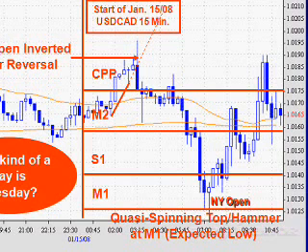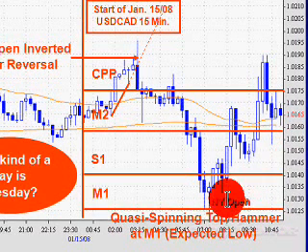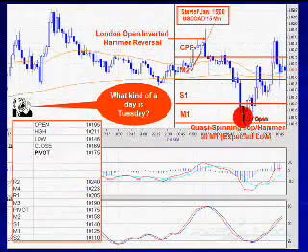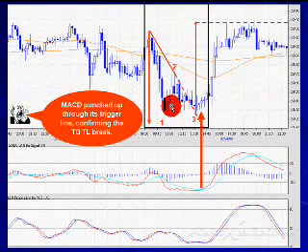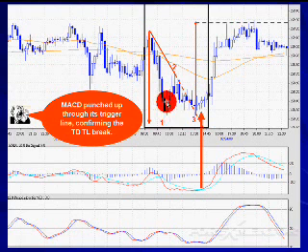I prefer to see hammers that just have the shadows or wicks at the bottom of the formation. But anyway, you can see how powerful hammers can be as a reversal predictor. Here's another example. A hammer right here. Price cycles lower, the hammer forms, and then price reverses.